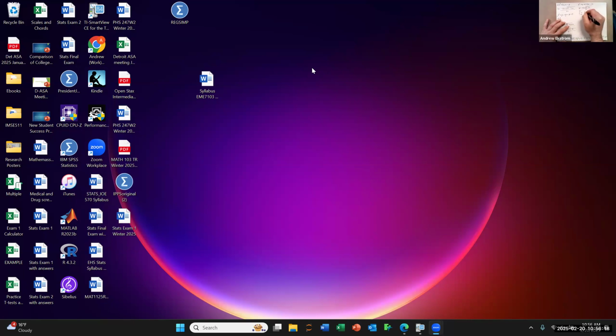Plugging in everything, y equals negative negative 16 plus and minus the square root of negative 16 squared minus 4 times a times c, divide all that by 2a.